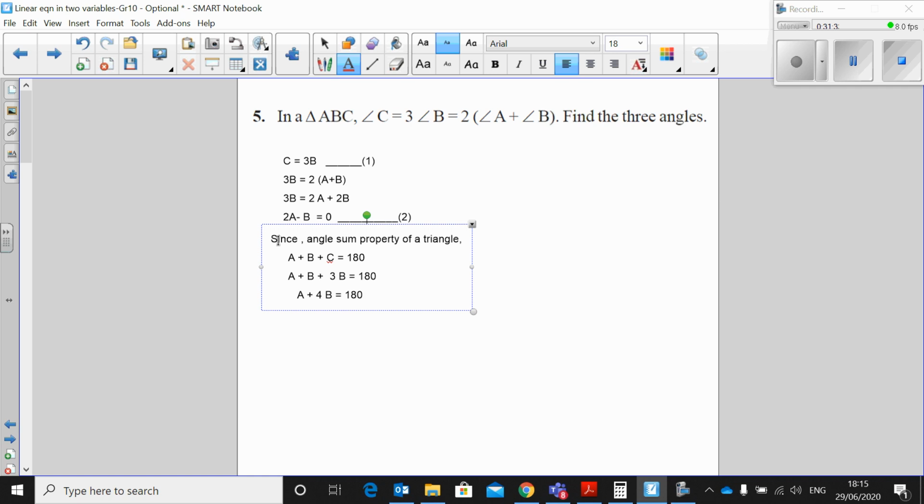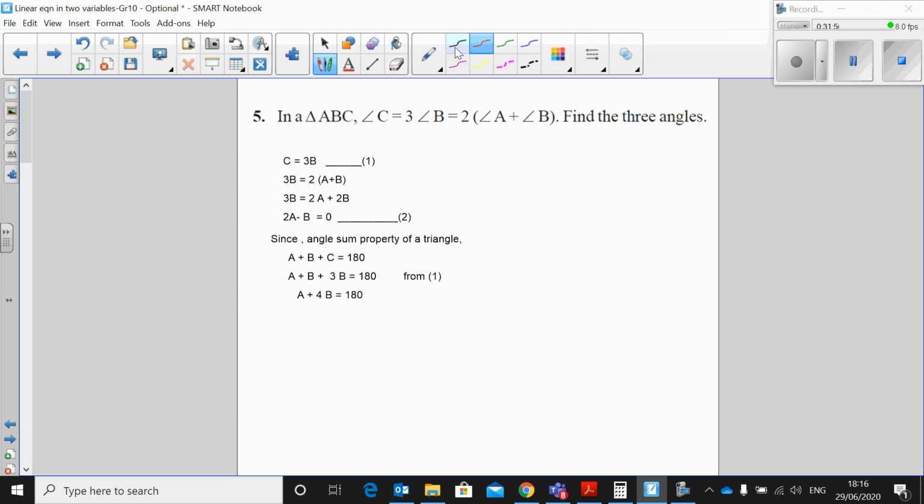Let us substitute now. This is from equation 1, correct? We got it from angle C equal to 3B. Now angle A plus 4B equal to 180 degrees. From equation 2 and equation 3 we can substitute. From equation 2, B is equal to 2A, correct?